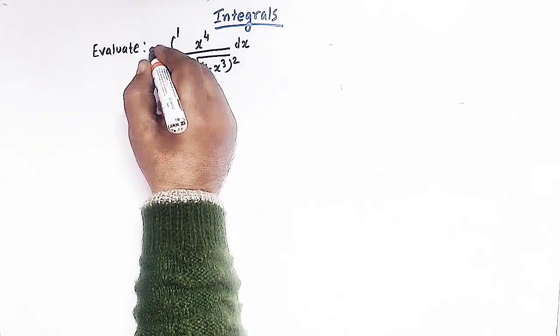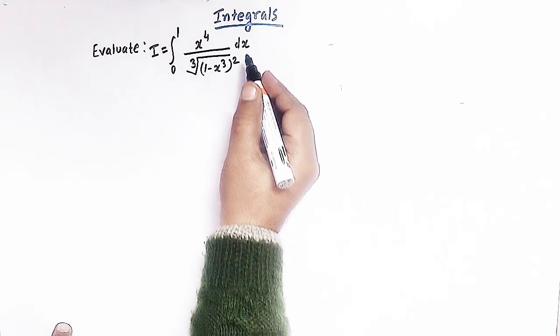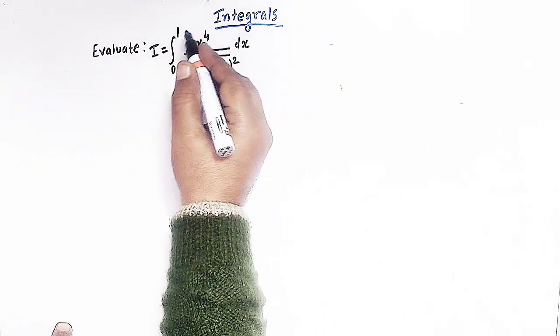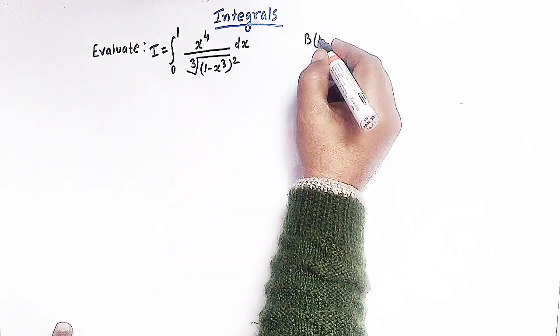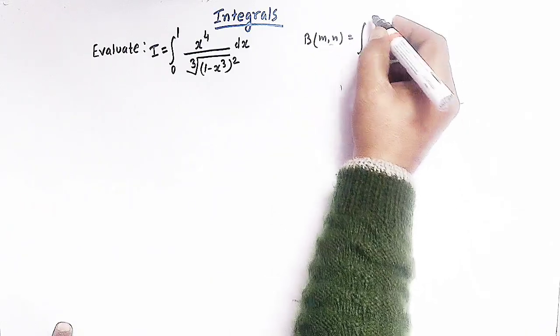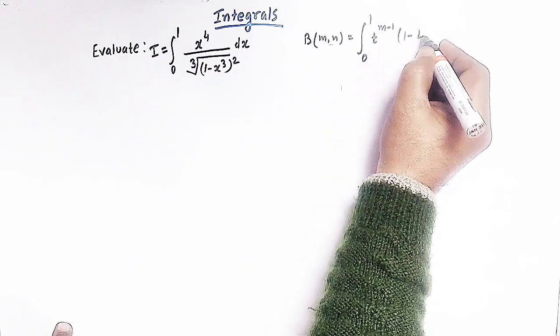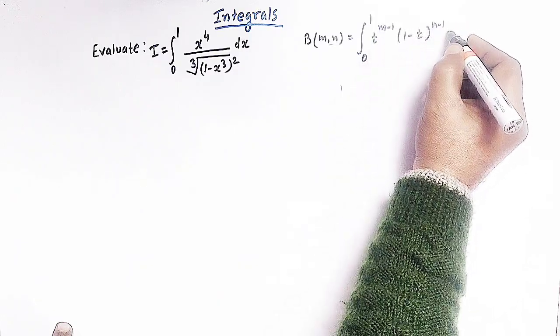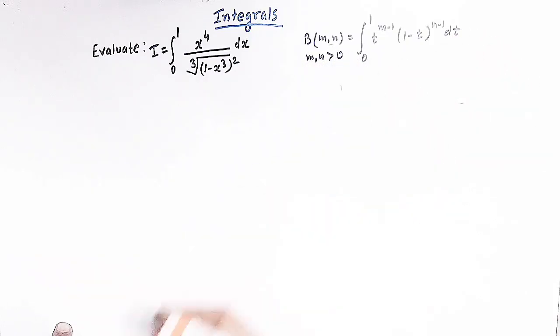So let us call this integral I, and let us start with the method of substitution, right? Because our aim is to convert this integral into the beta function, that is beta(m, n) is equal to the integral from 0 to 1 of t raised to m minus 1 times (1 minus t) raised to n minus 1 dt, where m and n are greater than 0, right?